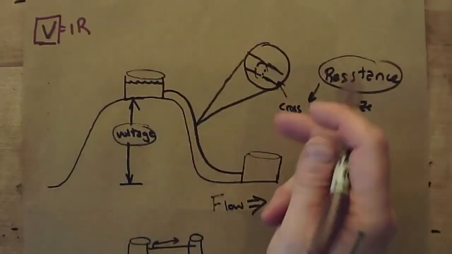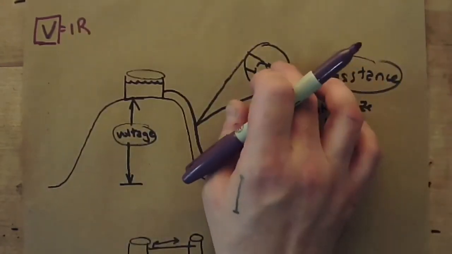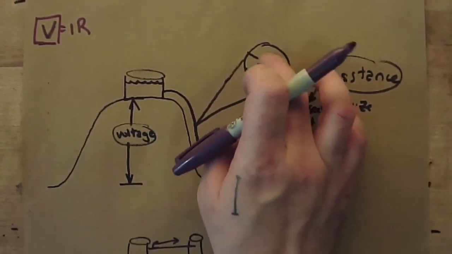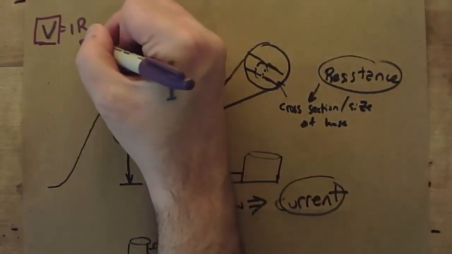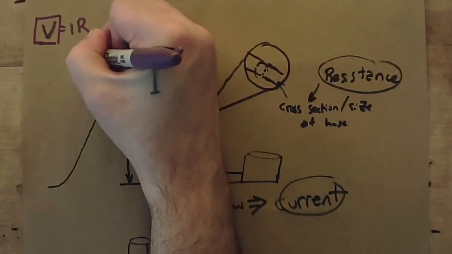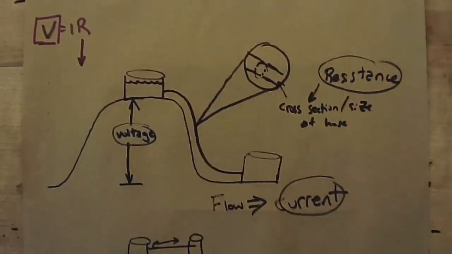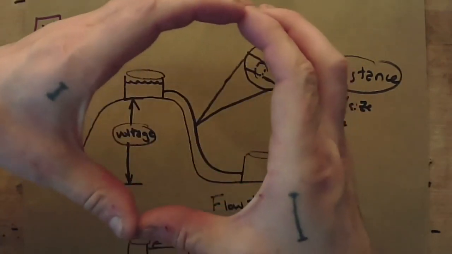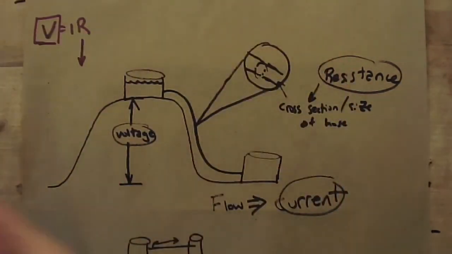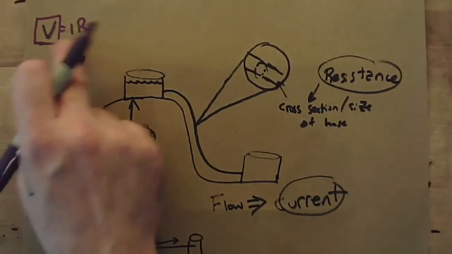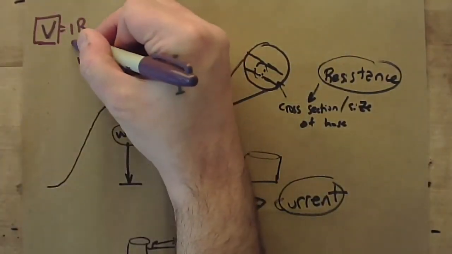So if our resistance decreases, meaning the hose gets larger, then the current mathematically has to increase.